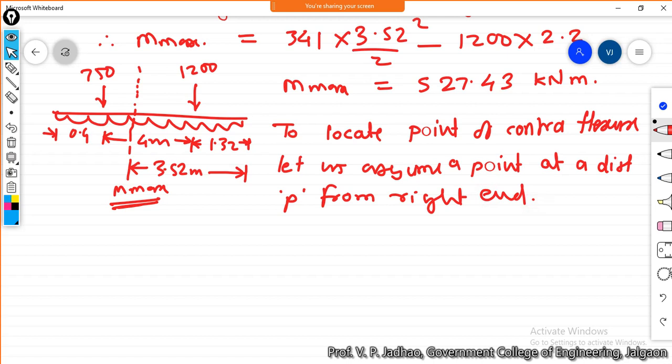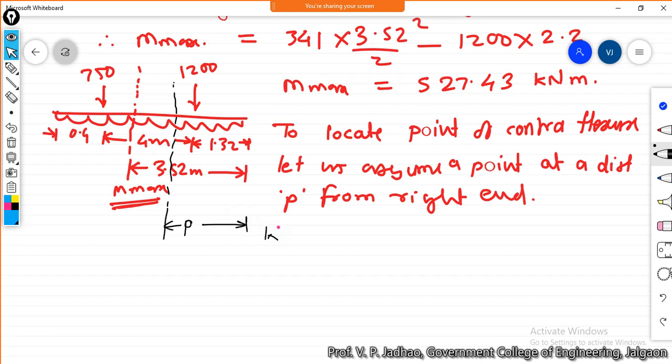So we are assuming some point P here, where the point of contraflexure will be. We don't know this particular distance. It is acting at a distance small p from the right end.